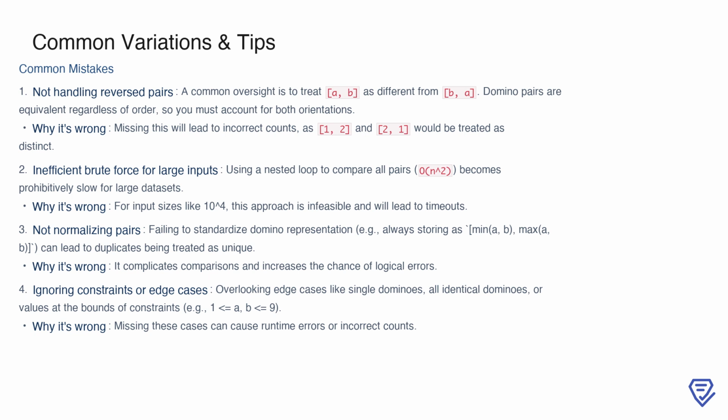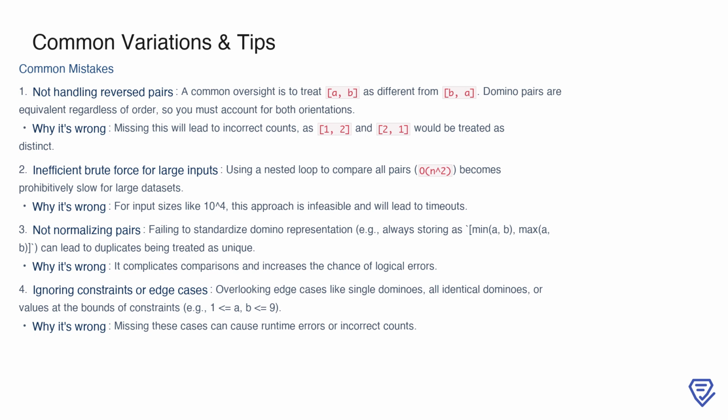Additionally, not normalizing domino pairs can introduce unnecessary complexity. By consistently representing each pair as (min(A, B), max(A, B)), you eliminate duplicates and simplify comparisons. Lastly, it's important to consider constraints and edge cases.